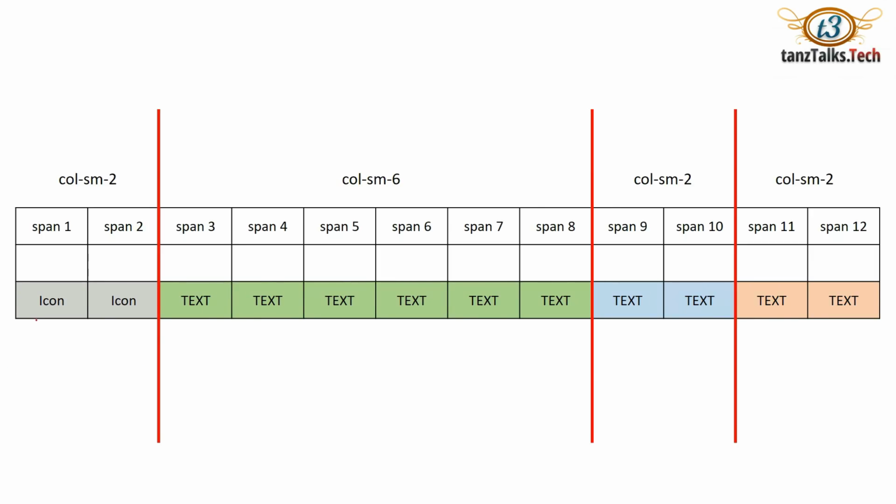The first column will have a width of 2, then the second column a width of 6, then the last two columns a width of 2 each. The first column will contain some icons. We are using Font Awesome icons. Then the second column will have some text, and the last two will also have some text. Now let's go back to the website.